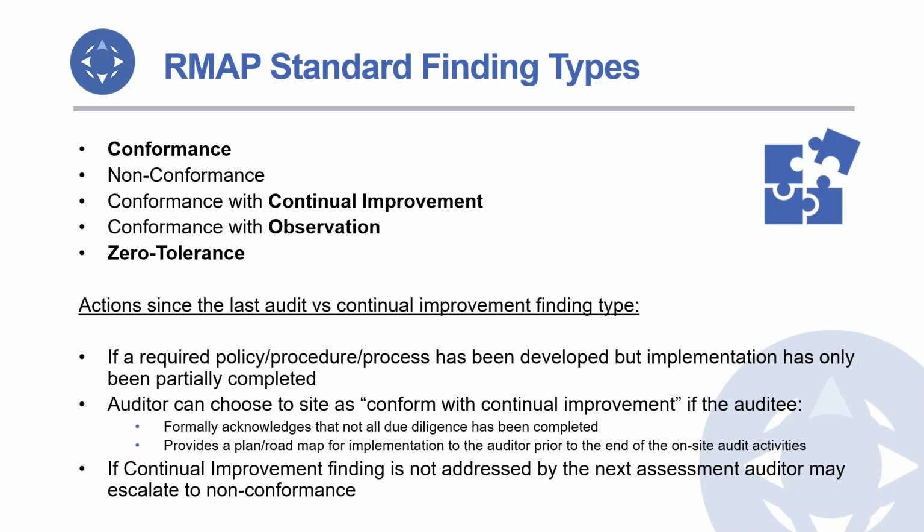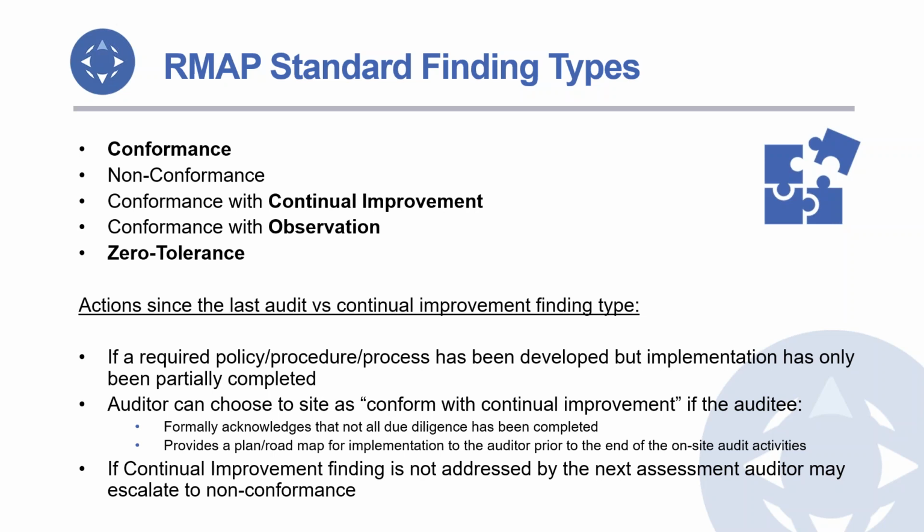Especially if it's their first time undergoing a revised RMAP assessment, the auditor may recognize that all the progress they've made updating their system to move from conformance to the old RMAP standard to the revised RMAP standard, and the enhancements to the systems that they had to complete, would be a positive answer to whether or not the facility has conducted any continual improvement activities since the last assessment.